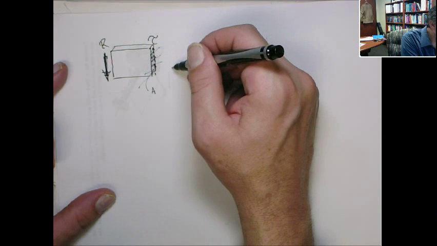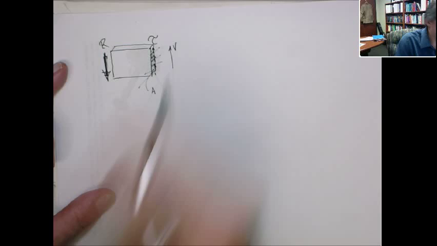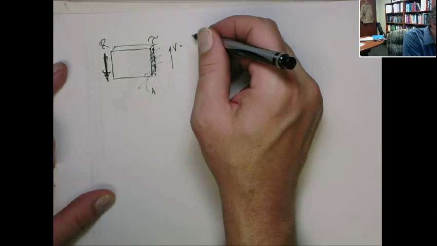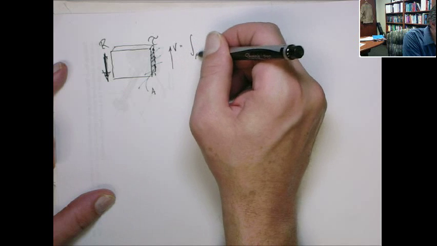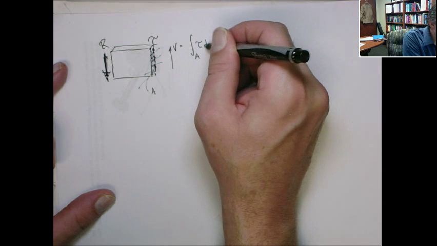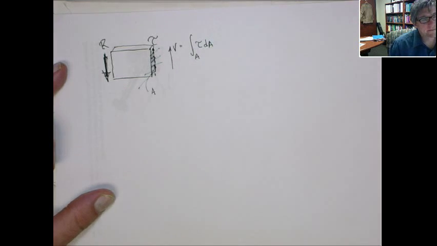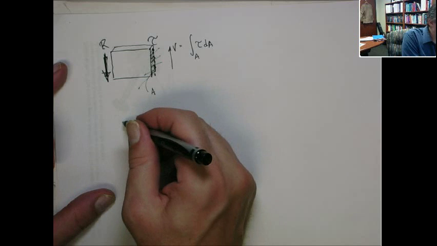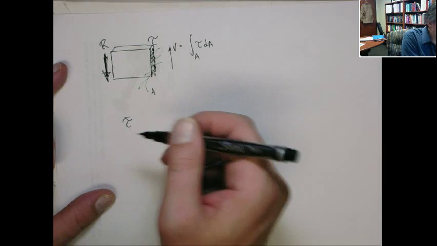Now, the net force acting on this, well, V, that's opposite of the normal convention. That's going to be the integration over that area of tau. Now again, we want to look at the average shear stress.